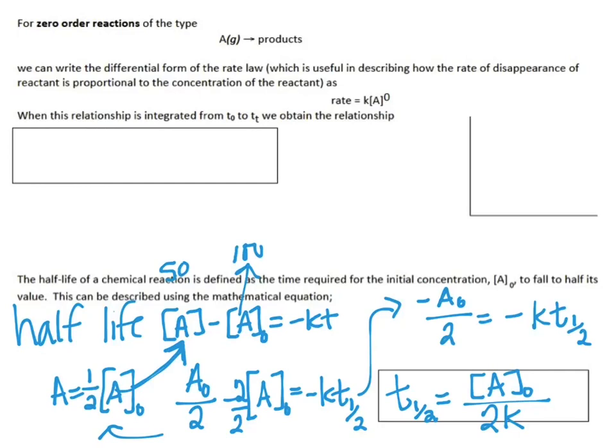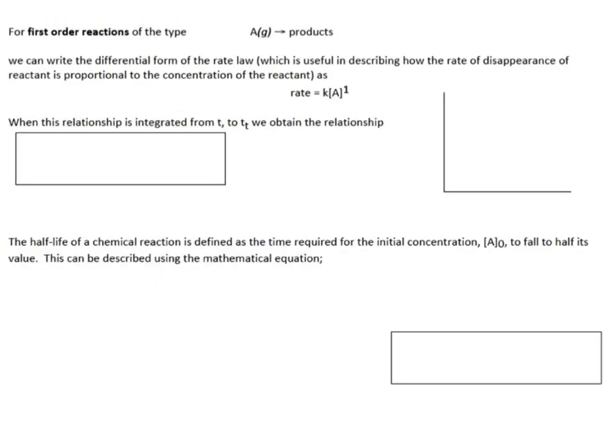Now, if we go to first order, you are given the first order rate law, and all you have to do is remember, just add the ln to the zero order.